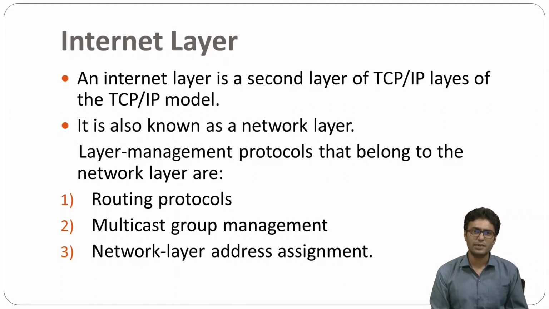Now the internet layer offers the functional and procedural method for transmitting variable length data sequences from one node to another with the help of various networks. Now message delivery at the network layer is not guaranteed to be reliable.